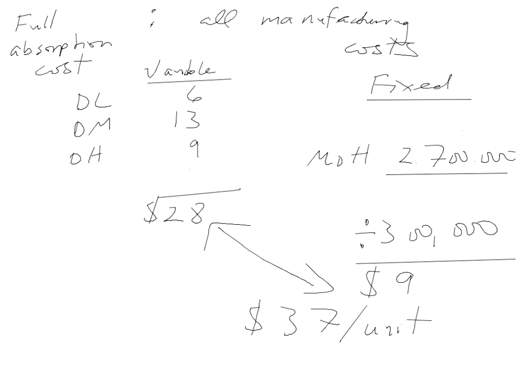If you're going to do it for 400,000 units, your variable calculation stays the same, but for fixed costs, instead of dividing by 300,000, you divide by 400,000. All right, I also want to do part D, which is conversion cost.